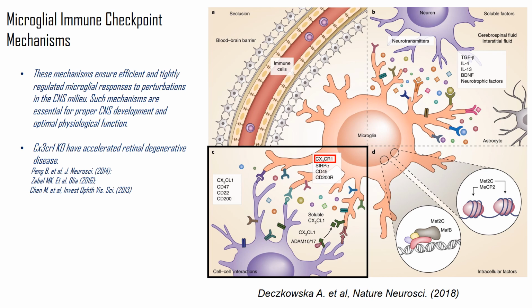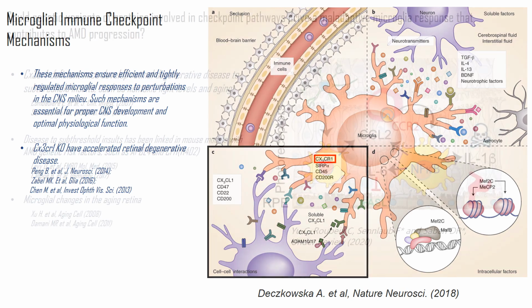And the reason why this is highlighted here is because several studies in the retinal degeneration context with CX3CR1 knockouts have shown accelerated retinal degenerative disease progression in the absence of CX3CR1. So this suggests that this specific immune checkpoint may be key to maintaining microglial protective functions, and in the absence of such, microglia may switch to a maladaptive state, which then is no longer able to protect or even causes pathology.